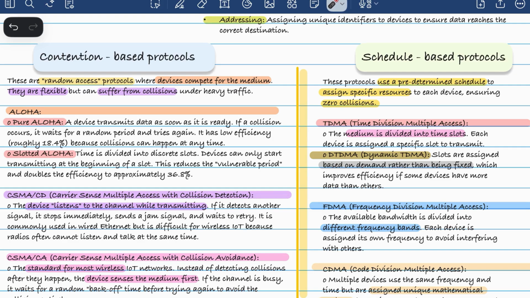You can only start transmitting at the absolute beginning of a time slot. This simple rule cut the vulnerable collision window directly in half, beautifully doubling the efficiency to 36.8%. Alright, so this was Aloha.